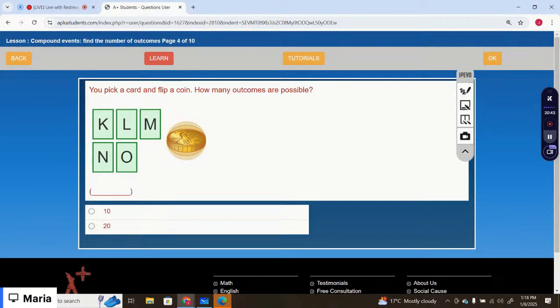You pick a card and flip a coin. How many outcomes are possible? That is 5 times 2. 5 times 2 is 10.